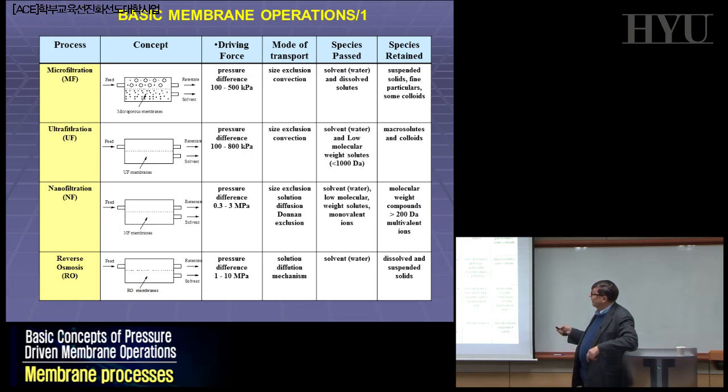And this mechanism is also size exclusion, but you see it's more complicated. You can have size exclusion, the same as here, but you start to have diffusion, the same as in RO, and Donnan exclusion. So we have 3 different kinds of mechanisms that can interact with each other.